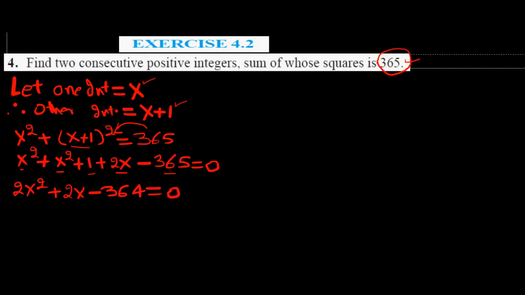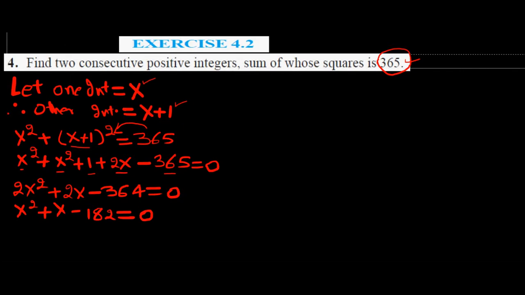Now I will divide this equation by 2 to simplify it. So what I will get is x square plus x minus 182 is equal to 0.